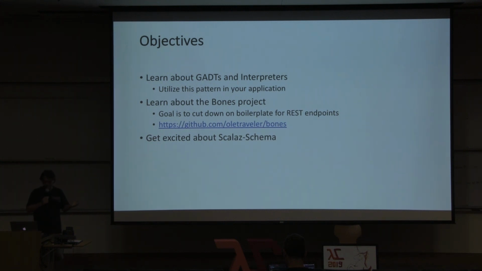And if you saw the Scalaz Schema talk, which I guess is now Schemaz, we have the same problem domain, and whatever I'm showing here, you can utilize their project to do the same thing. So depending on which approach you would like to take, that'd be cool.